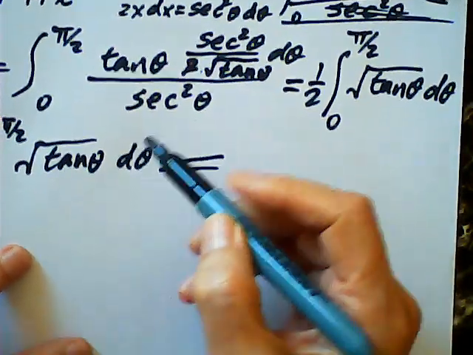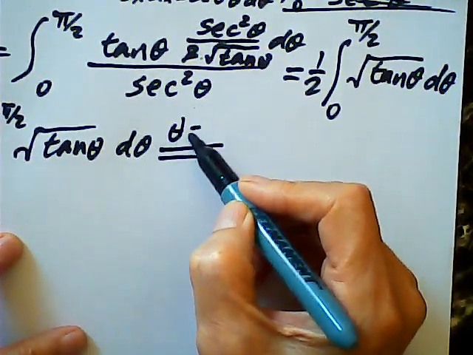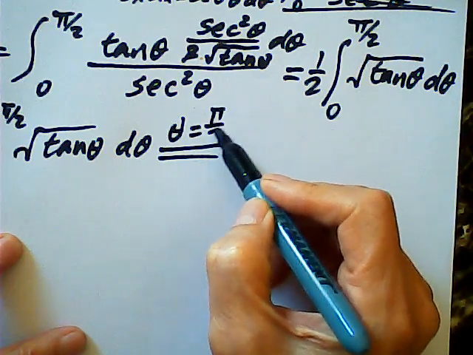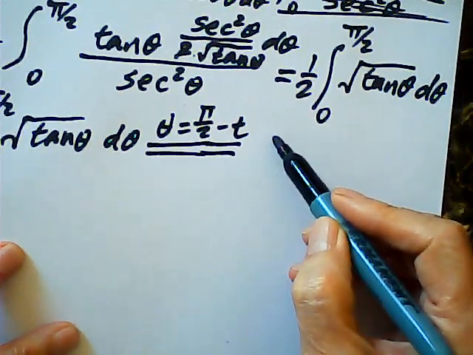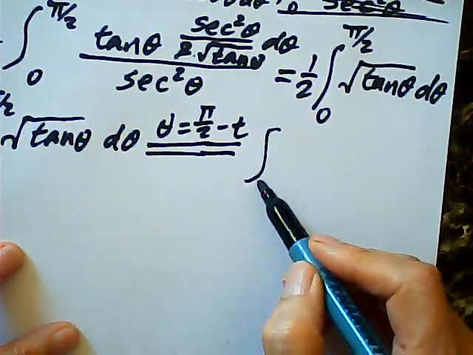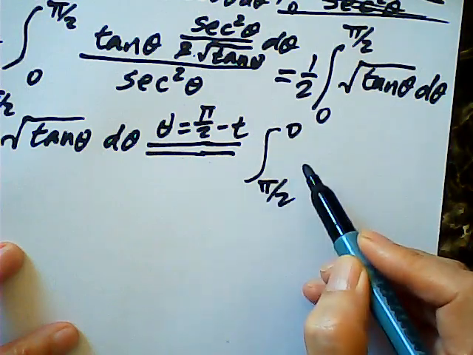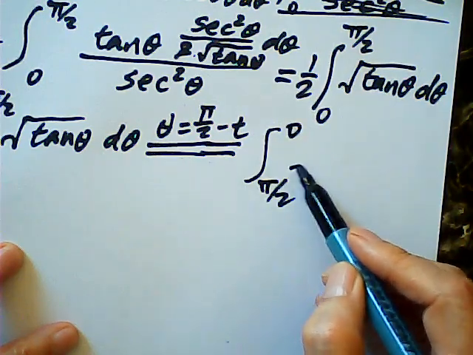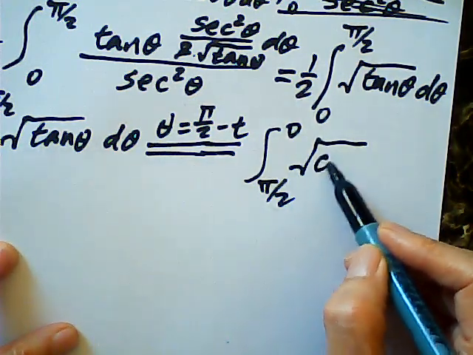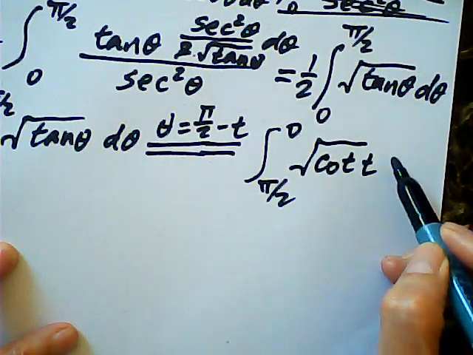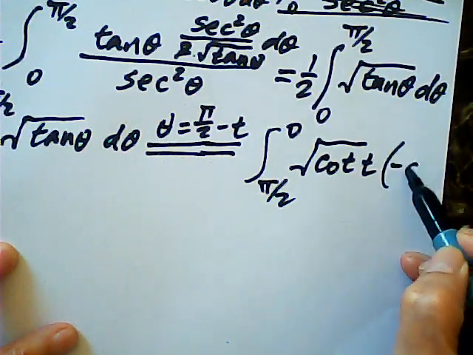I'm using substitution: let theta equal half pi minus t. So this becomes from half pi to 0, and the integrand becomes square root cotangent t, with a negative dt.